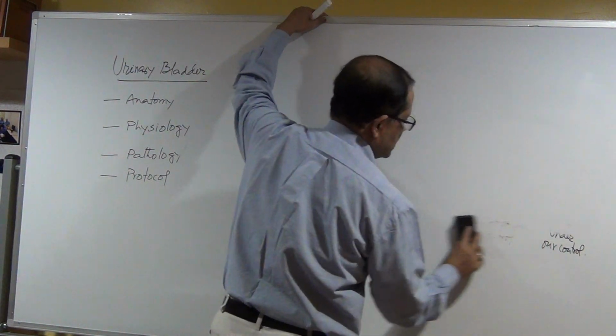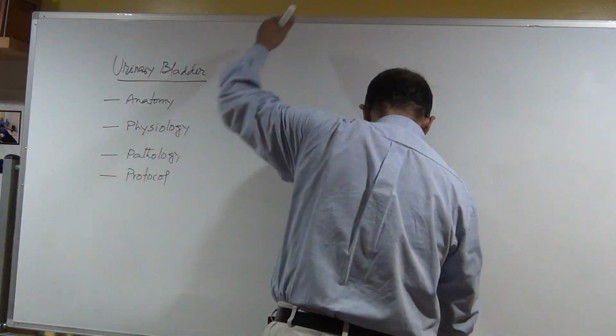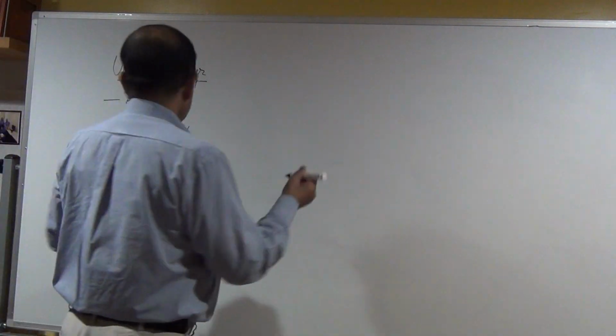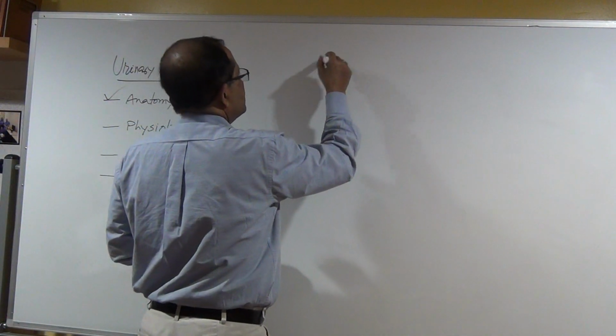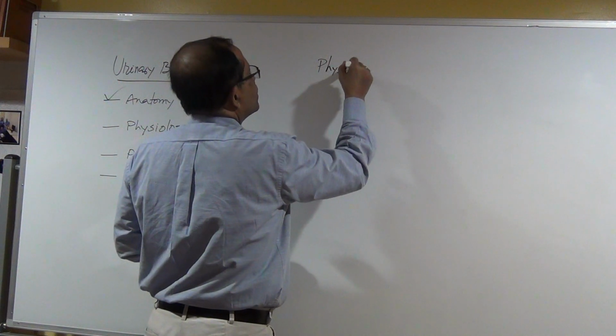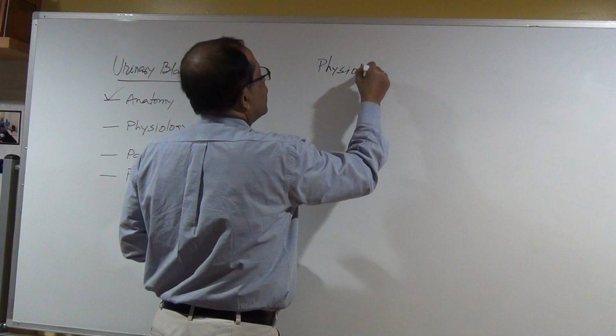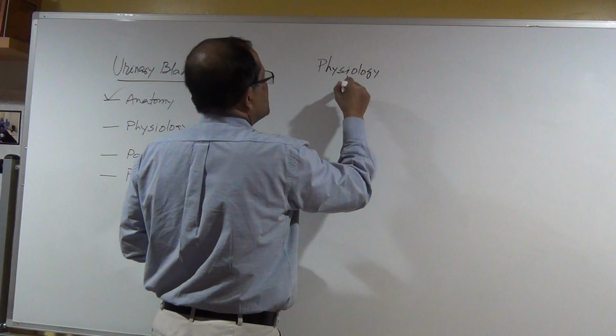What is incontinence? Incontinence means that somebody cannot hold the urine. Cannot hold. So now, physiology.